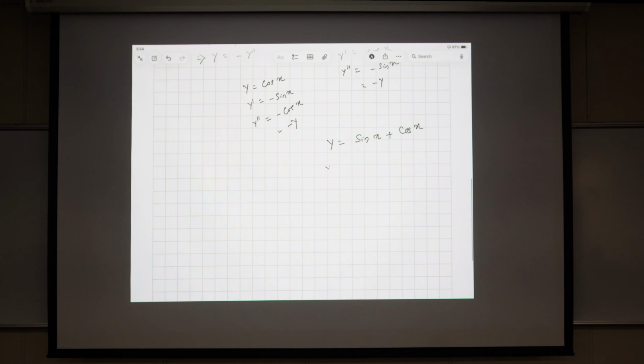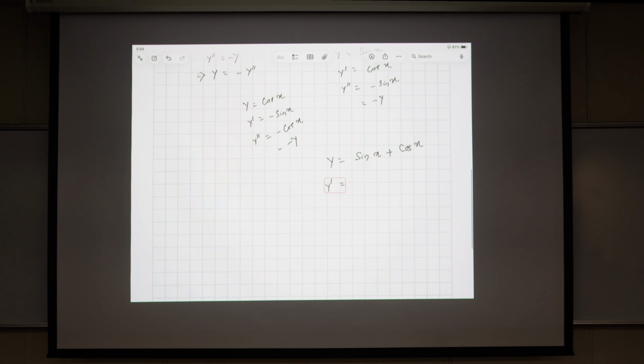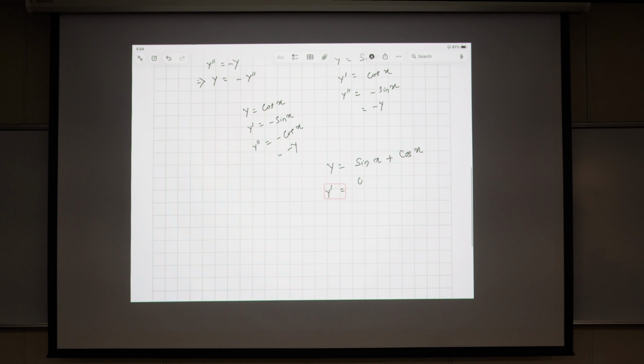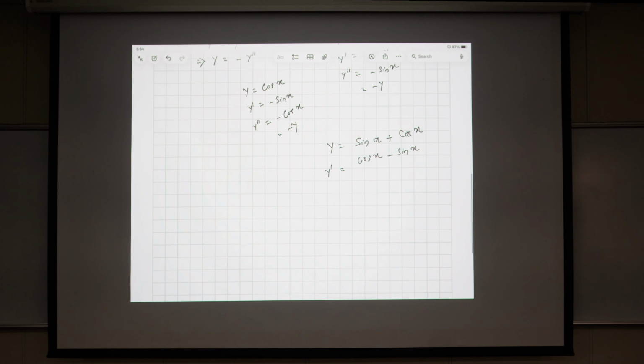Then y dash is what? Cosine x minus sin x. Then what is y double dash?